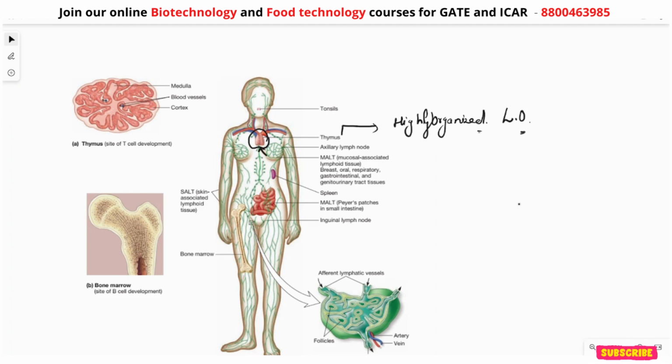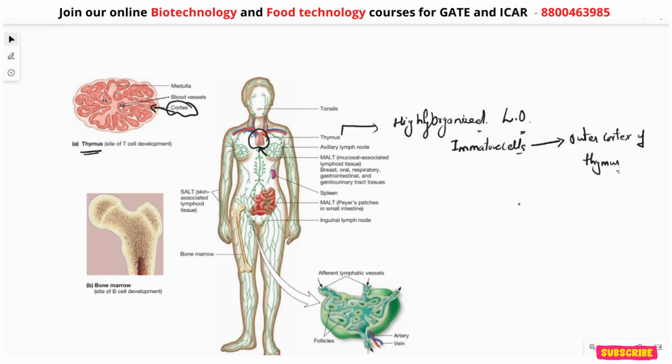In this case, the immature cells which are generated in the bone marrow are transported into the outer cortex of the thymus, which is here. So this is the thymus, right?